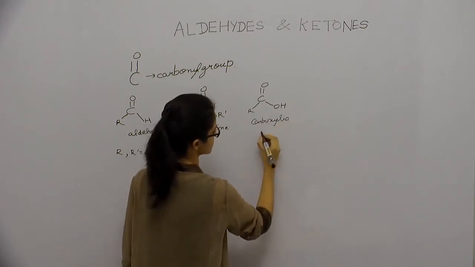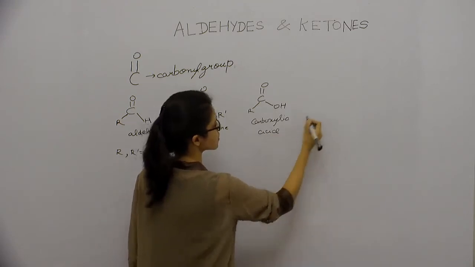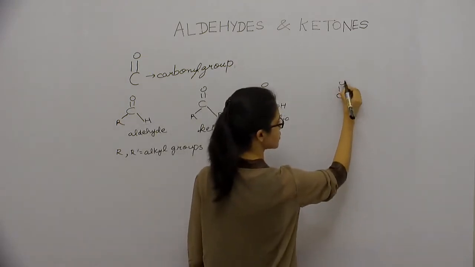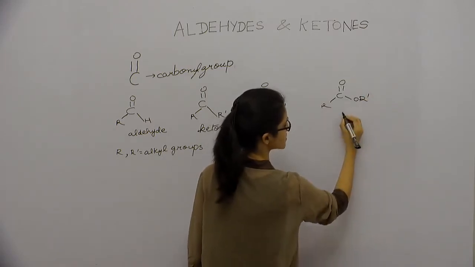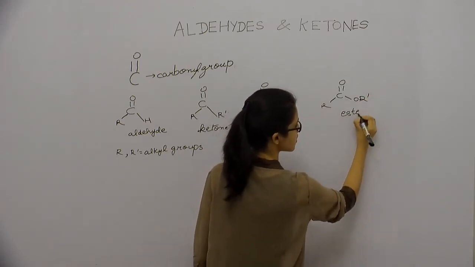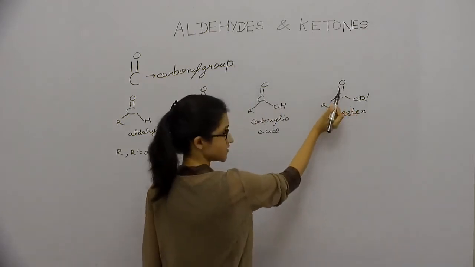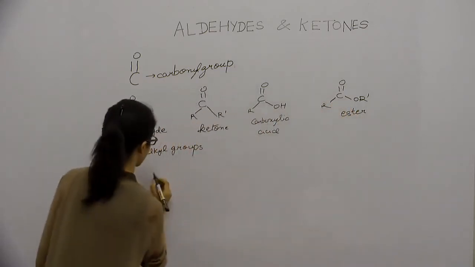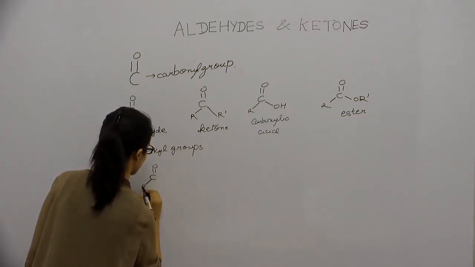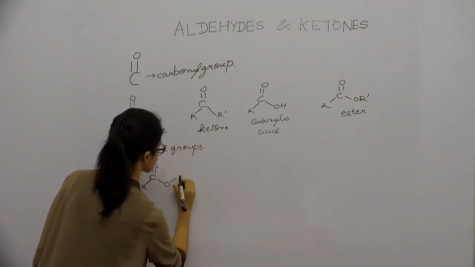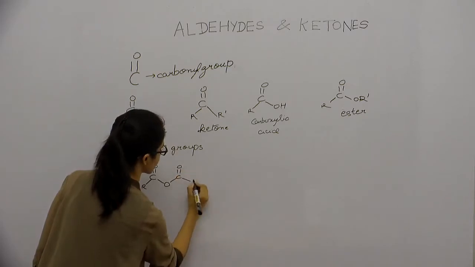We'll just write it out. We have C double bond O, R, O, R dash, this is ester. All these are carbonyl compounds because they have C double bond O groups. We'll name a few more. C double bond O, R, O, C double bond O, R dash.